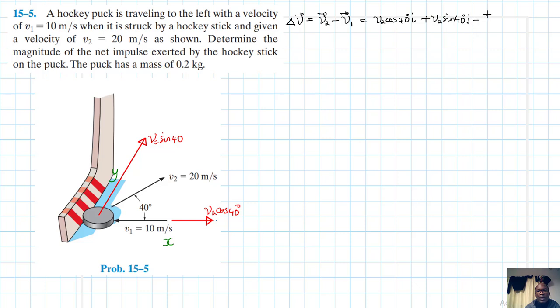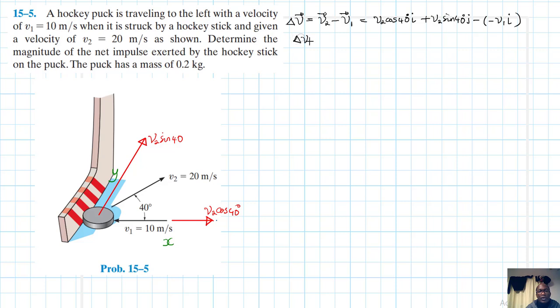Then we have a minus v1, which has only one component, minus v1 in the i direction, and it's negative.